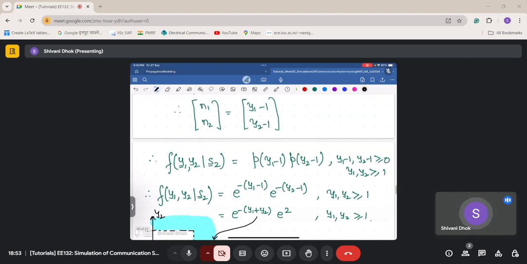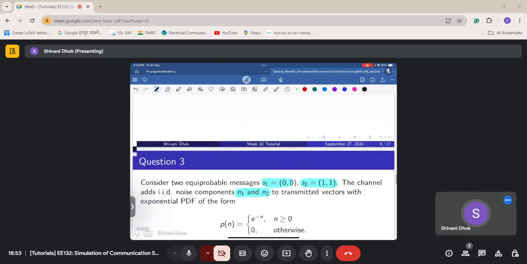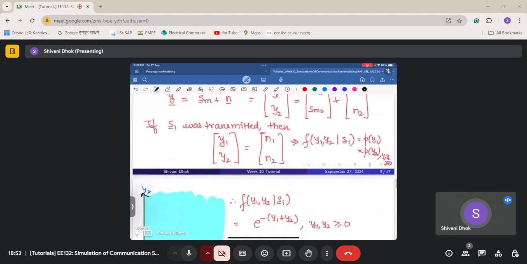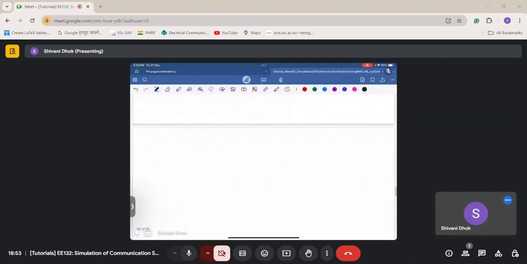Okay, now what we need to do is take the ML rule. So what does the ML rule say? It says that m hat equals argmax over m of f of y1, y2 given sm being transmitted. So what does this mean?